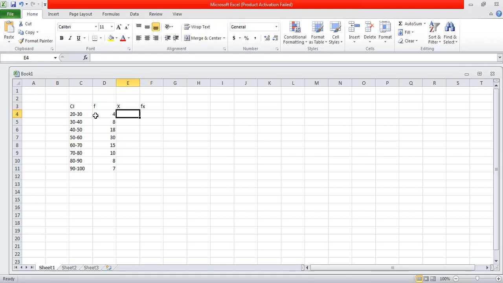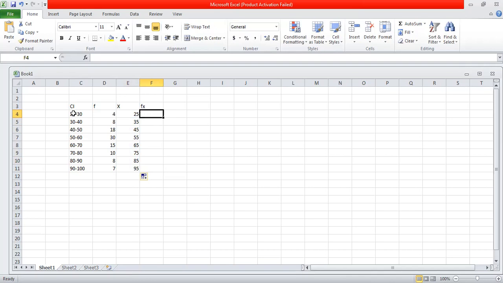As we have done for the ogive curves and the frequency polygon, you can find the mid values like that, or just by observation you can write them here. The values are 25, 35, 45. Similarly, the same values repeat with the same intervals. You can drag, and we get all the x values.